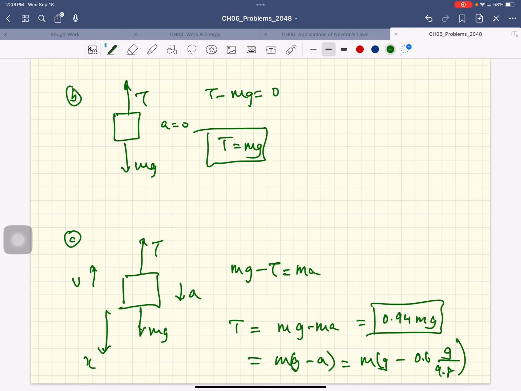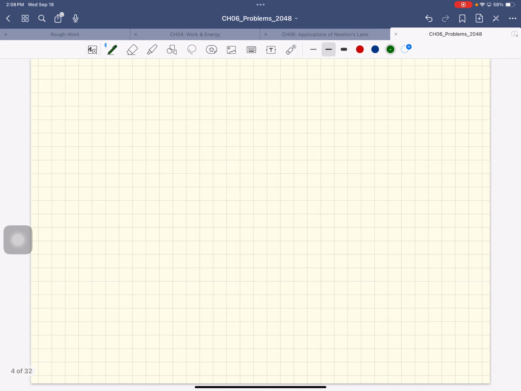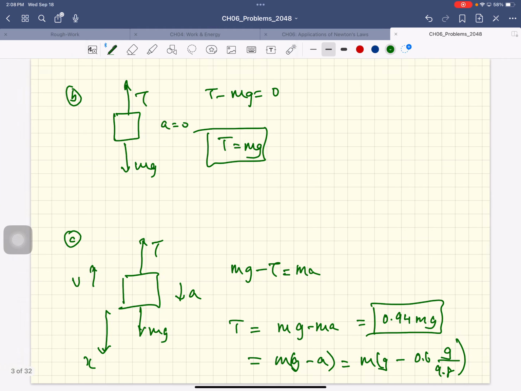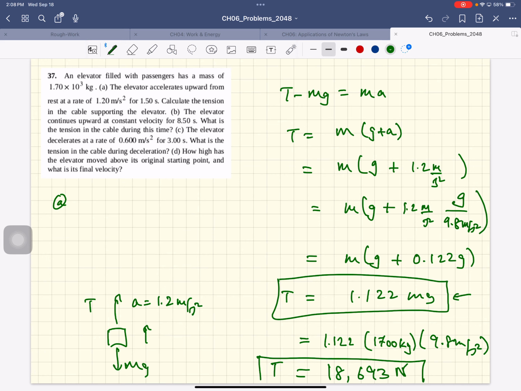So during the deceleration phase, the tension is 94% the weight of the elevator. In this part, they ask how high the elevator has moved above its original starting point and what its final velocity is. The elevator decelerates at a rate of 0.6 meters per second squared for 3 seconds.